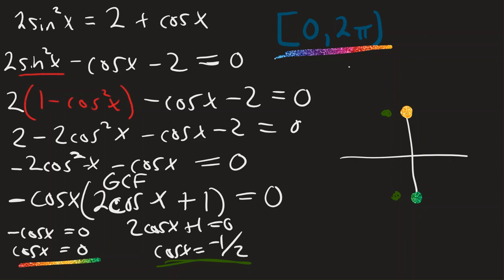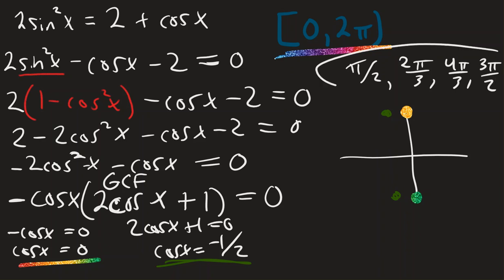So this is pi over 2. This is 2 pi over 3. This is 4 pi over 3. And this is 3 pi over 2. Those 4 values are solutions to our original equation.